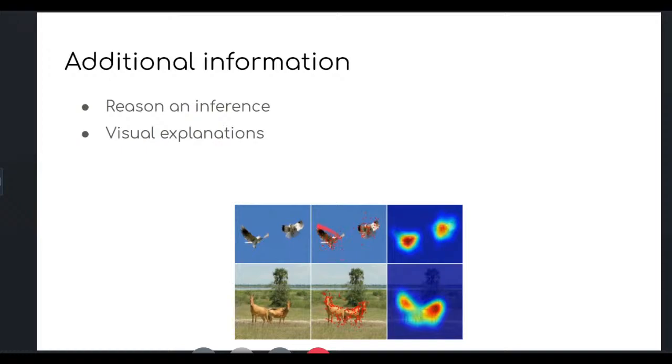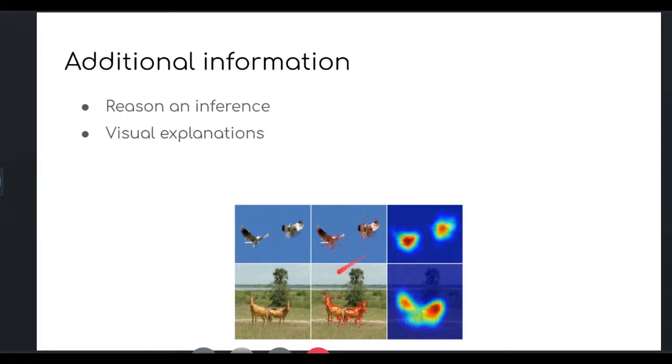Instead of simply saying it's a bird, along with saying the bird, it can show these regions. See these pixels, because of these pixels, I think it is a bird. And similarly, because of these pixels, I think there is a deer in the image. It is explaining, it is reasoning why it predicted bird in this case, why it predicted deer in this case.